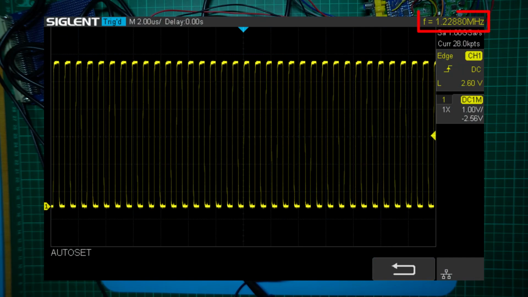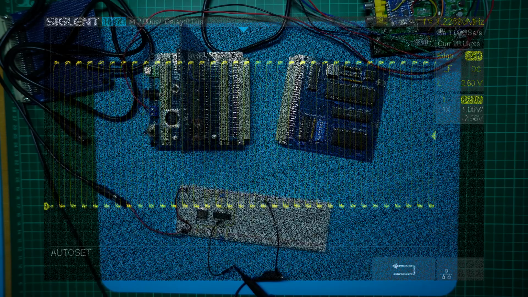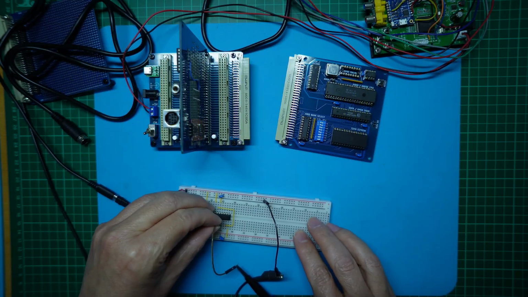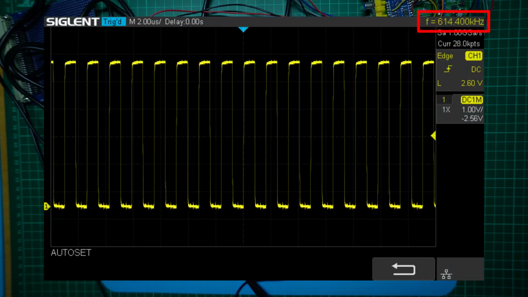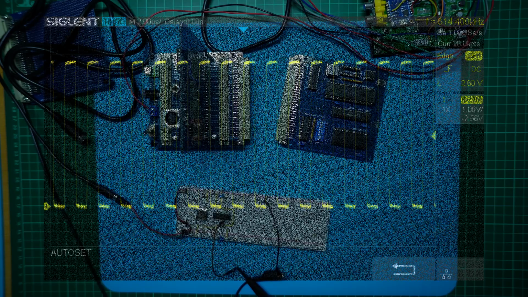we're getting the expected divide by 4, which is 1.2288 MHz for 76800 baud. On pin 5, we are getting the expected divide by 8, which is 614.4 kHz for 38400 baud.